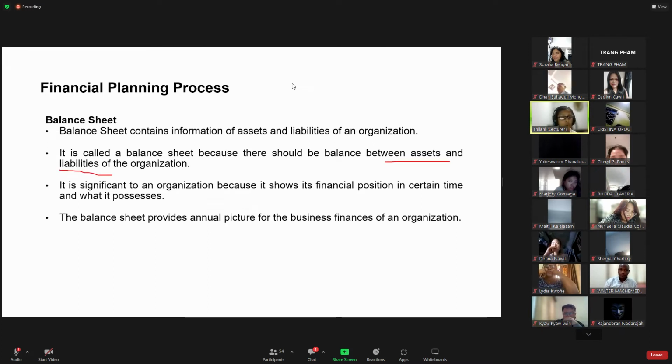This is very important for an organization because it actually shows the financial position at a certain time and what it actually owns. So what are your liabilities and what are your assets? It gives an annual picture of the business's finances in an organization, right? When you look at the balance sheet, you can get an idea about the financial position of a company.